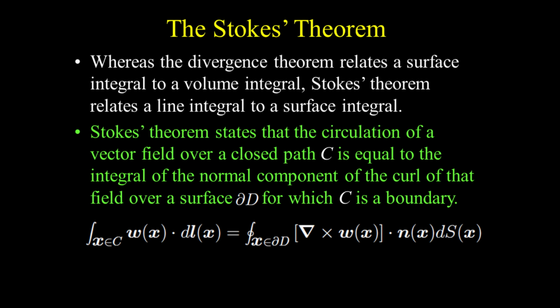Stokes' theorem relates a line integral to a surface integral. The circulation of a vector field over a closed path C is equal to the integral of the normal component of the curl of that field over a surface S for which C is a boundary. The circulation of a vector field is a line integral around a closed loop.